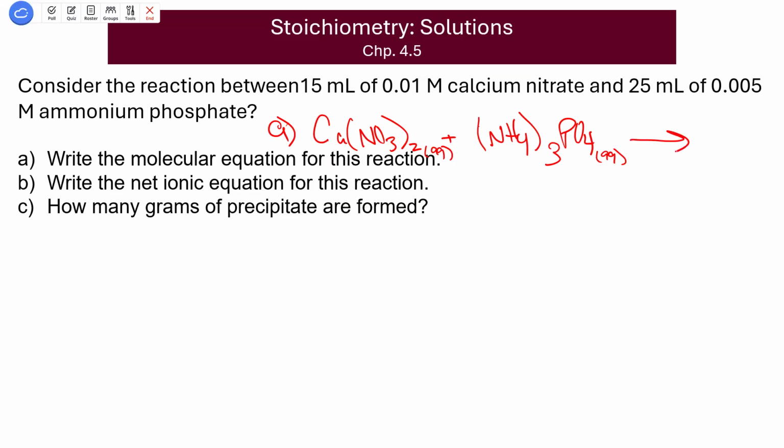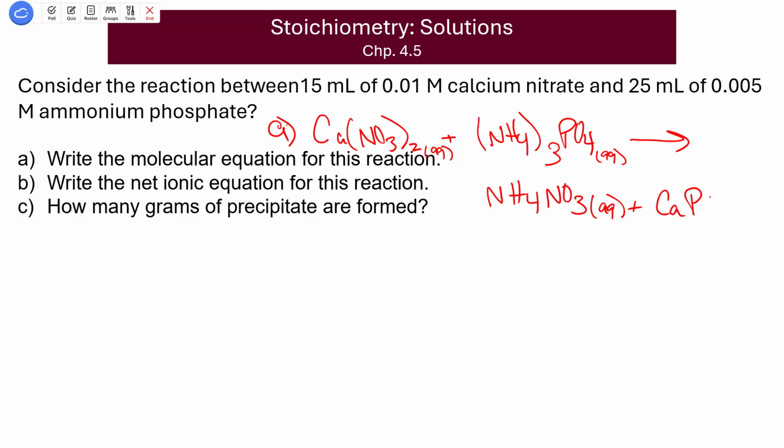What forms? Ammonium nitrate. Is that aqueous or solid? Anyone know? This is going to be aqueous. And what is the other product? Calcium phosphate.